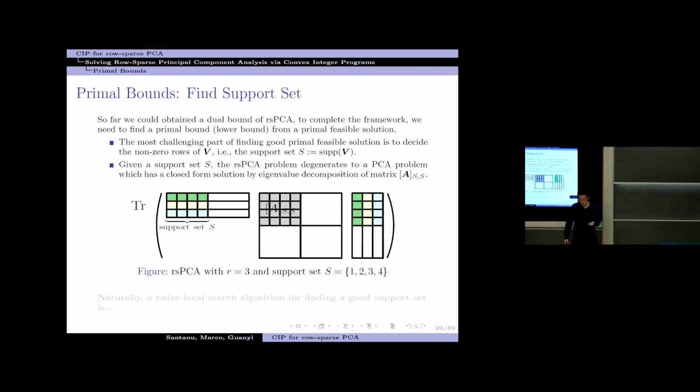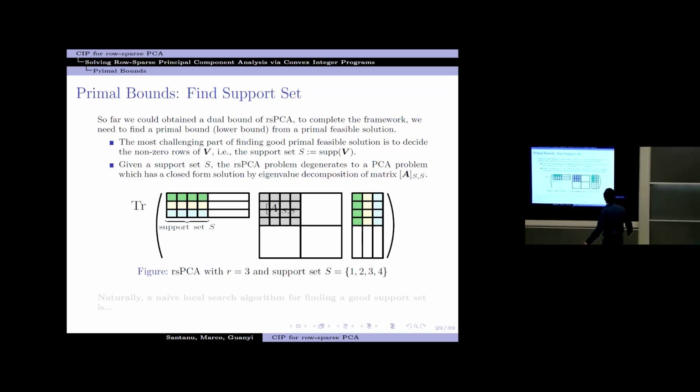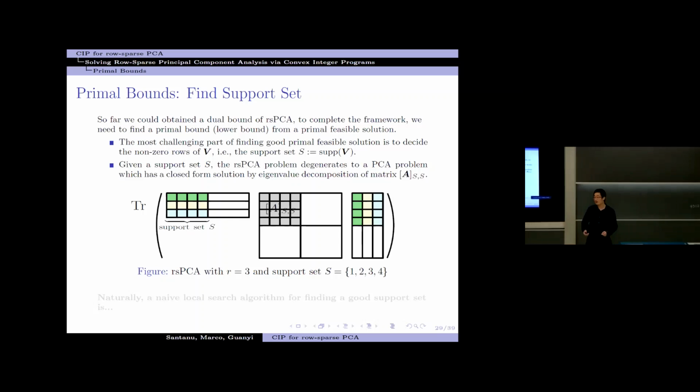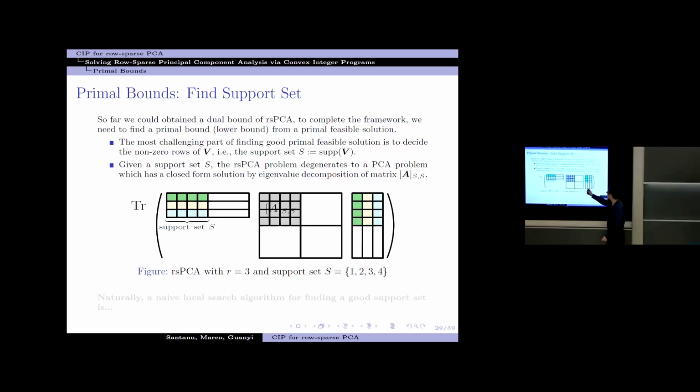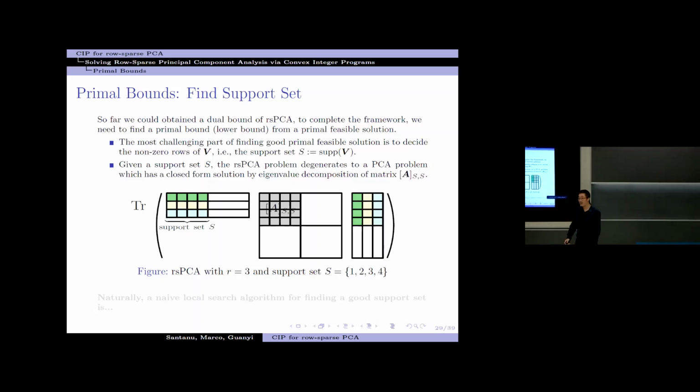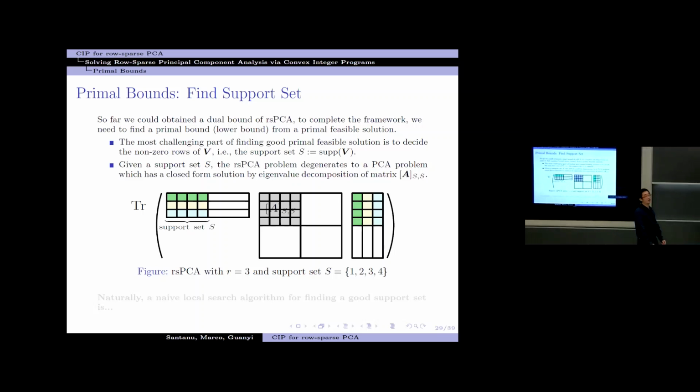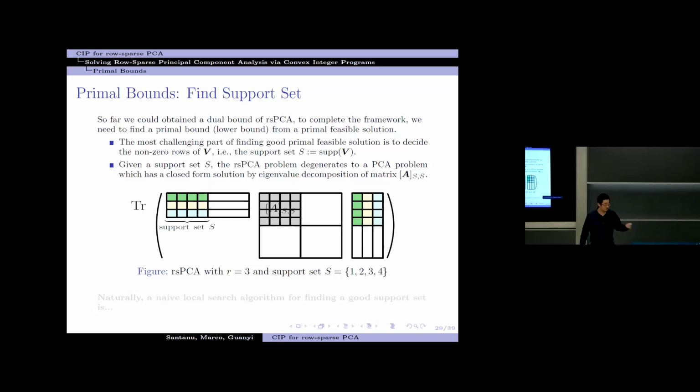So before we talk about how to find the primal bounds for this Row-Sparse PCA problem, a good news for the original sparse PCA problem: if we only want to find the top one principal component, there are many very efficient algorithms to do that. For this specific problem, if we set R equal to 1, then finding a good primal feasible solution is very efficient.